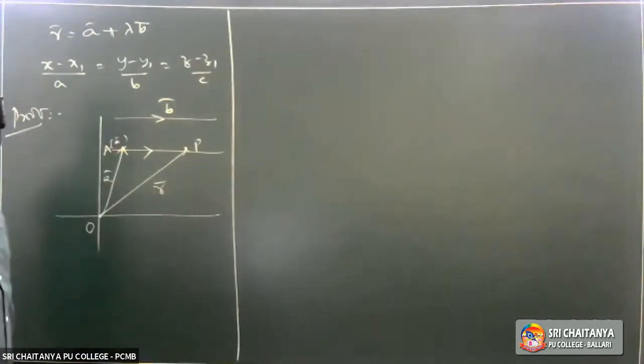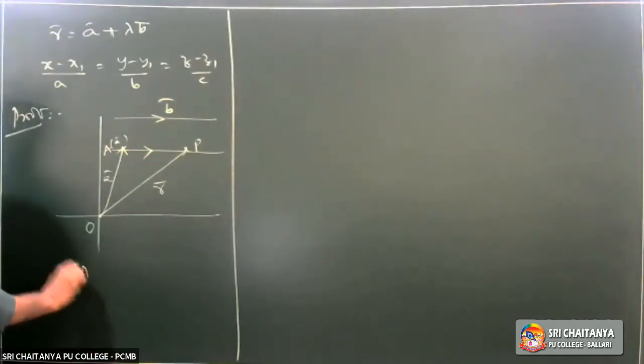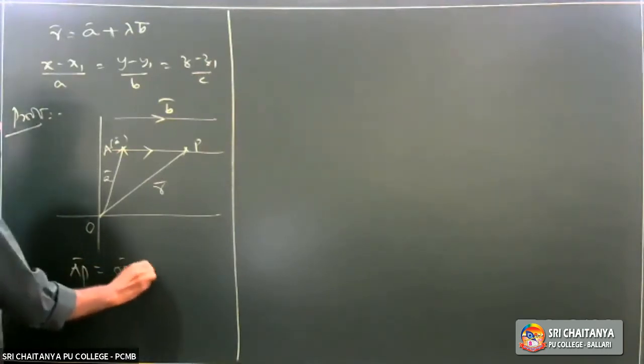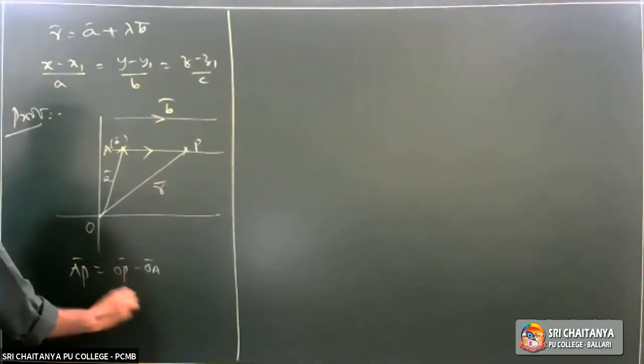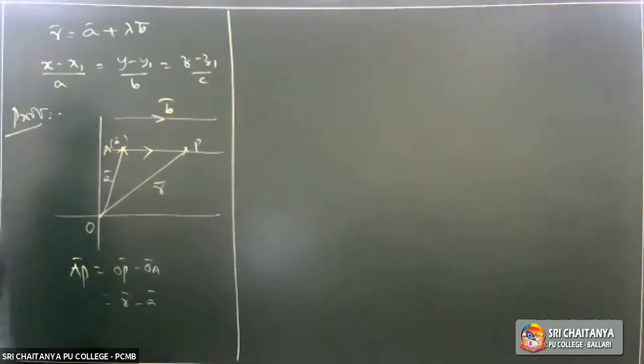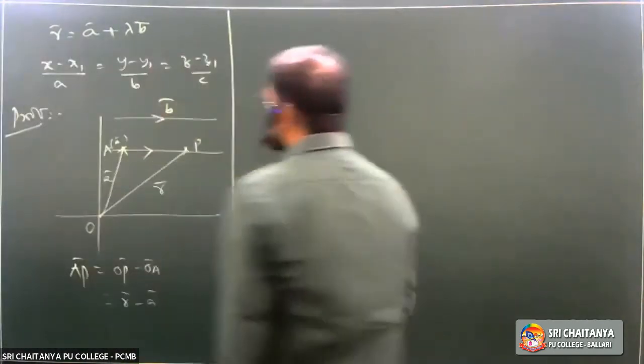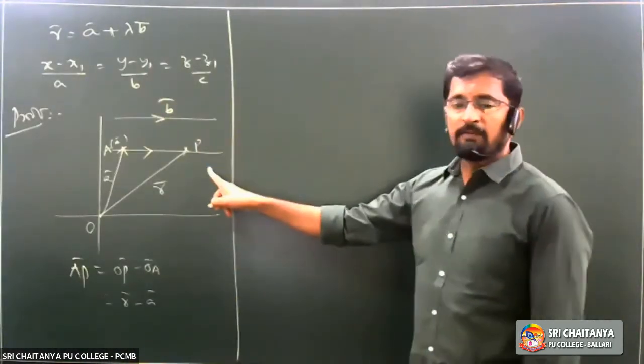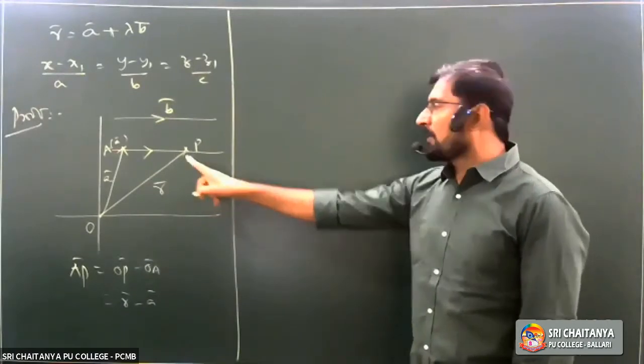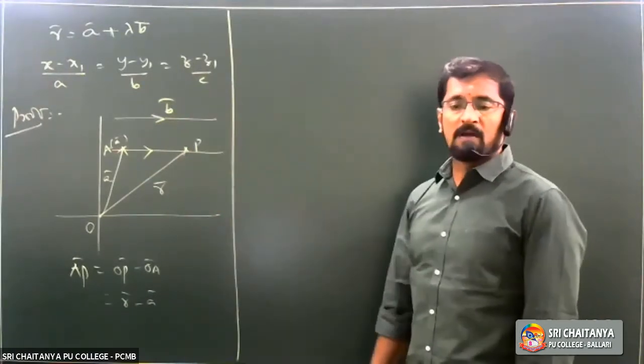AP bar is equal to OP bar minus OA bar, which means R bar minus A bar. Now, if you observe these two lines, AP bar is parallel to B bar, am I right?